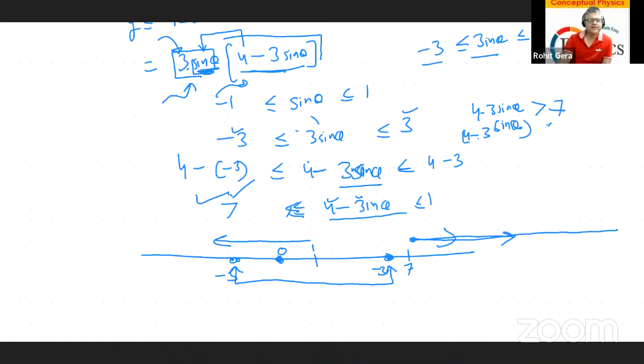If I just look at this, okay, let's put it this way: this function fluctuates between 7 and 1.